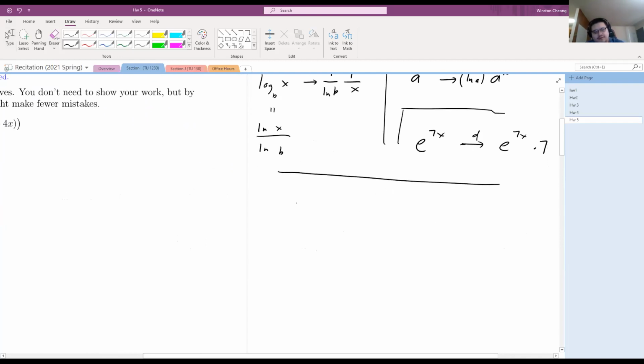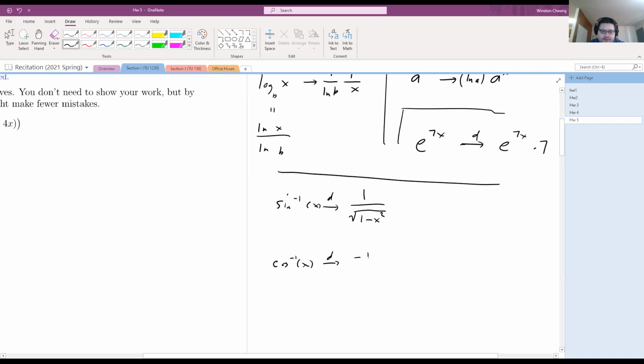And then the next thing I want to go over is the formulas for the inverse trig functions. Sine inverse of x has the derivative 1 over the square root of 1 minus x squared. So that is the derivative of inverse sine, and inverse cosine is easy enough.